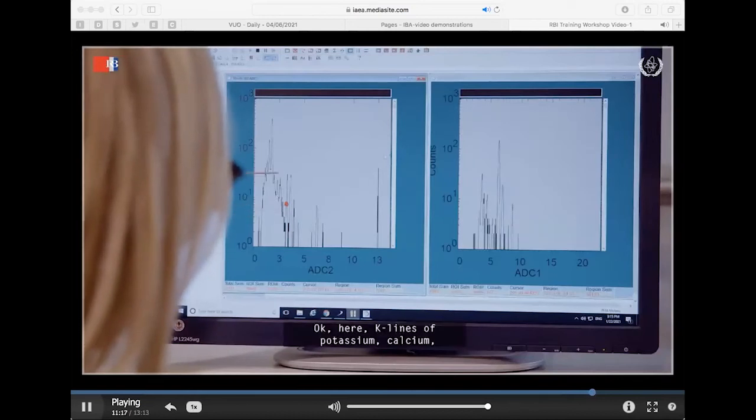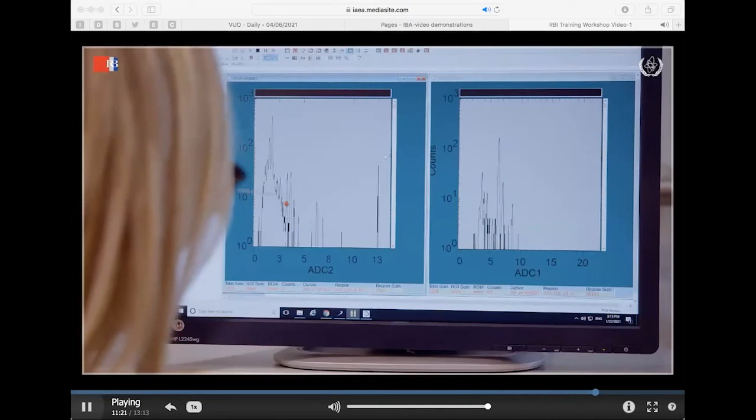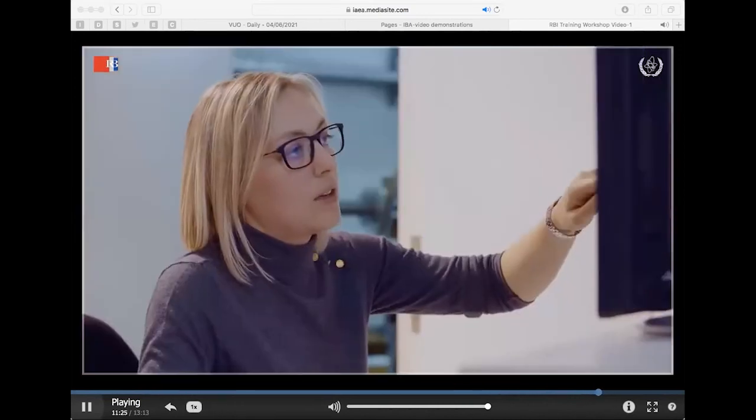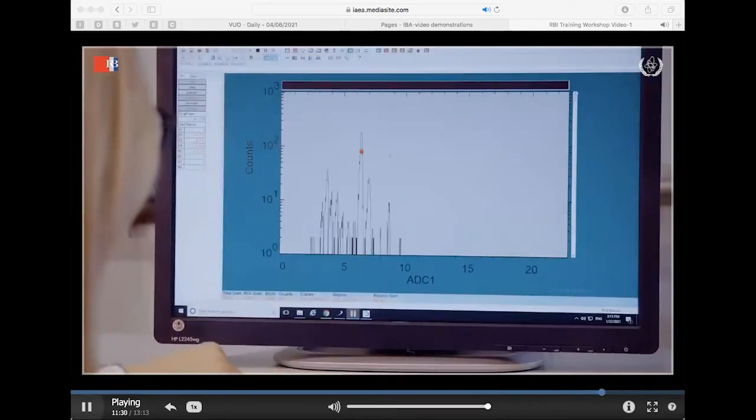Okay, here K line of potassium, calcium, K alpha line, K beta, and iron. And on the Sdg detector, we do this.